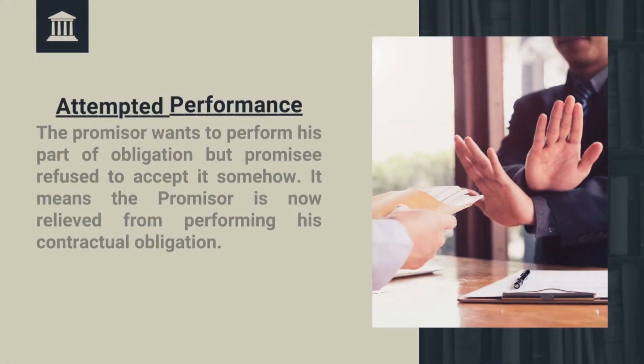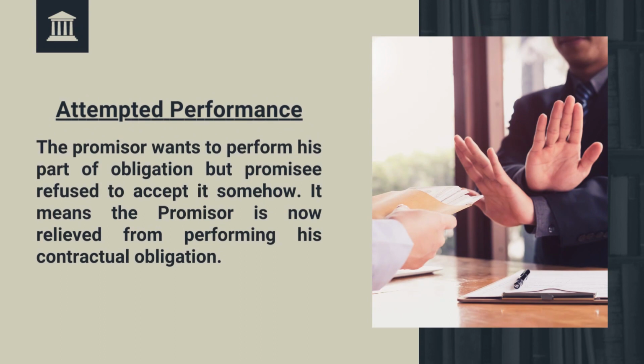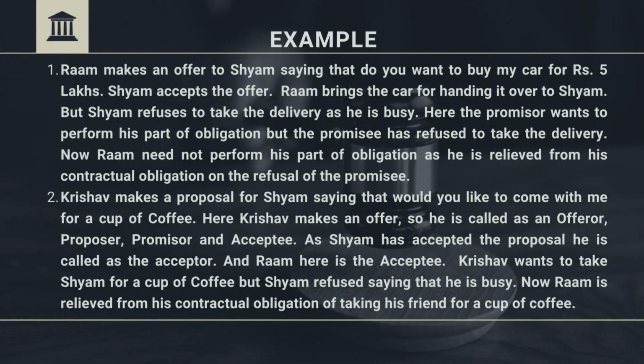Then comes attempted performance. Attempted performance means what? Here the promisor wants to perform his promise or his part of obligation, but the promisee refuses to accept it. Let me give you the same example. Ram has entered into a contract with Mr. Sham.